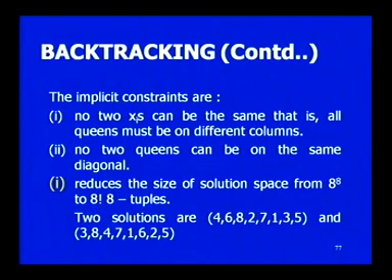So, now I have 8 queens, therefore, I have 8 into 8 factorial tuples only. Now I have to search through these tuples for the possible answers. The solution for the 8 queens problem is these two actually. These are the positions where the queen can be placed, and these are the solutions.